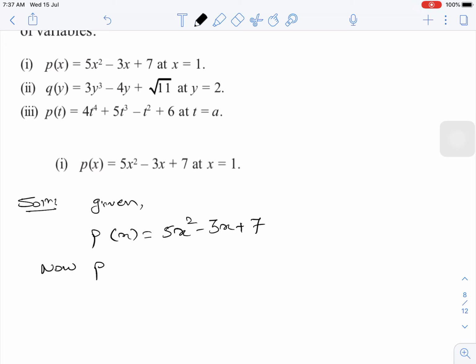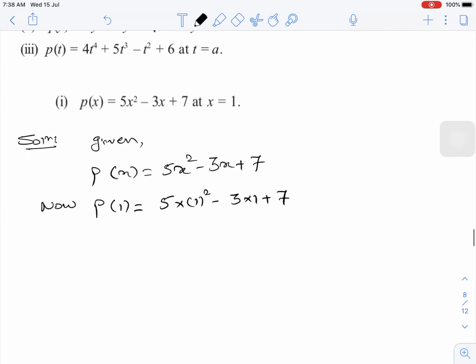So instead of x we will put the value 1. Therefore p of 1 equals, wherever x is there, we write 1. So 5 into 1 square minus 3 into 1 plus 7.